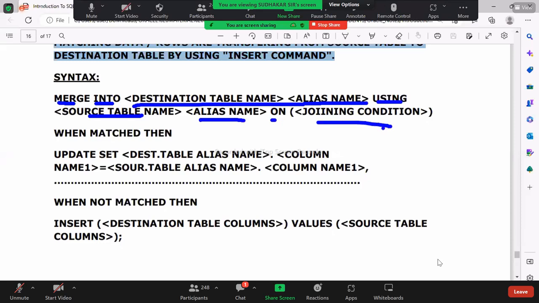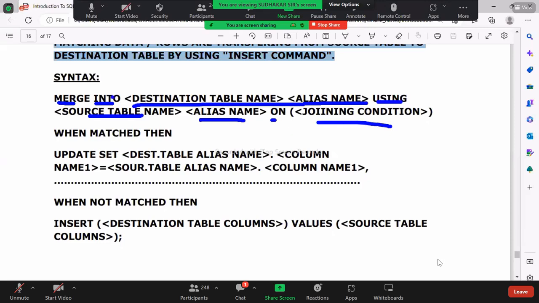A join condition must be given, because first these two tables are to be merged together. First I want to join these two tables. After joining, data is compared, matching data is overridden, unmatching data is transferred. That's why before merging the data, first I need to join these two tables together, so the joining condition should be right.